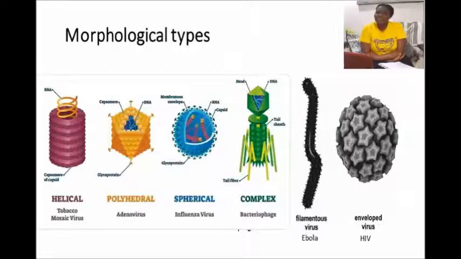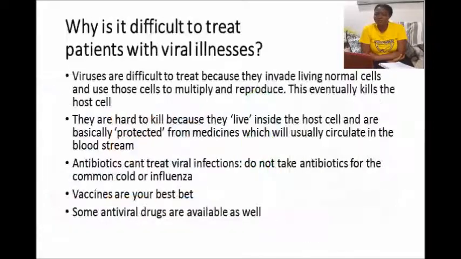So now, why is it difficult to treat patients with viral illnesses? Okay, it's not business as usual with viruses. And if you look back in history, you will see that there's been a lot happening as far as viral infections are concerned. Why is it so? So number one, we've talked already about how viruses infect normal living cells, okay?